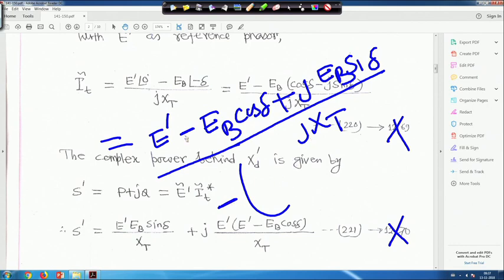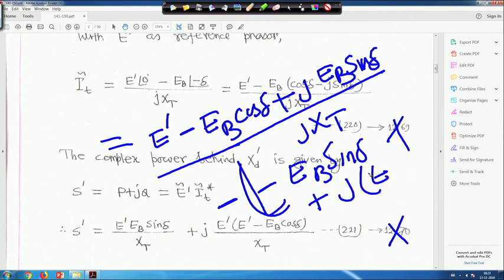So it is minus E b sin delta, and then plus j times E dash minus E b cos delta.